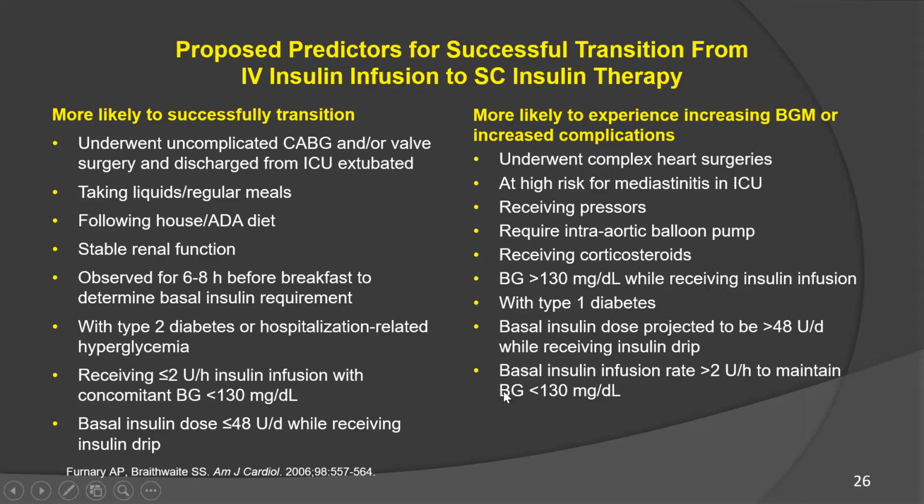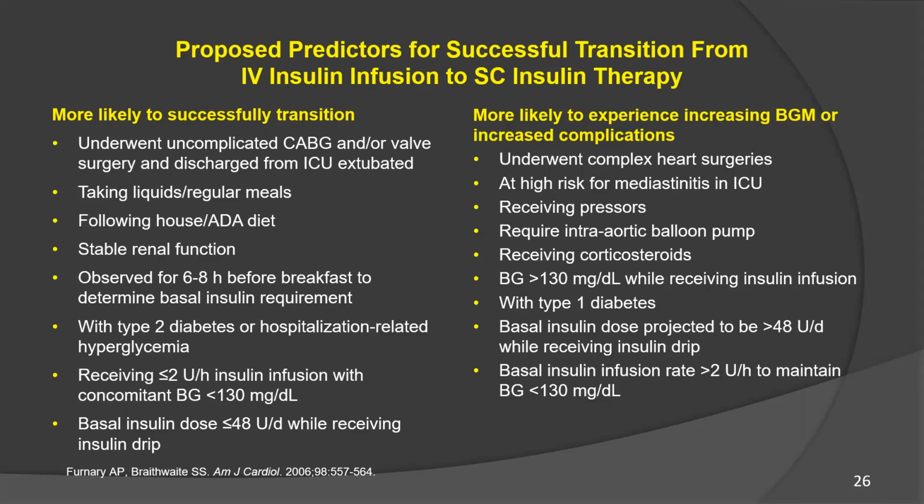Now, what factors would make us more jittery to say, okay, don't stop it, don't transition now, maybe a little more? Those who underwent complicated heart surgeries at higher risk for mediastinitis, in the ICU setup, receiving pressors, requiring an intra-aortic balloon pump, receiving corticosteroids, blood glucose more than 130 while receiving insulin infusion, with type 1 diabetes. So type 1 diabetics are also in the higher risk category in such management.